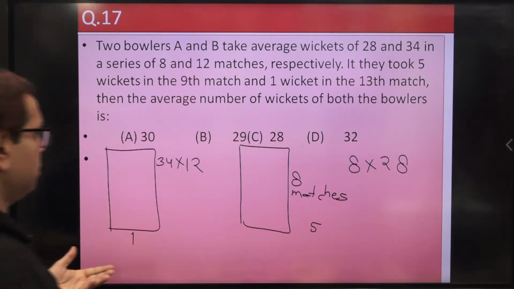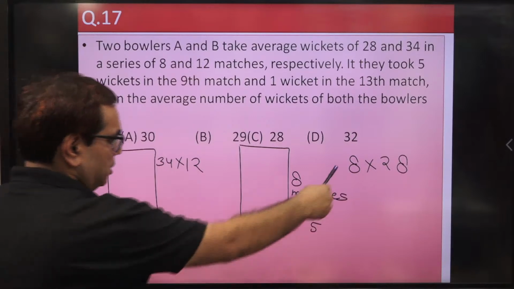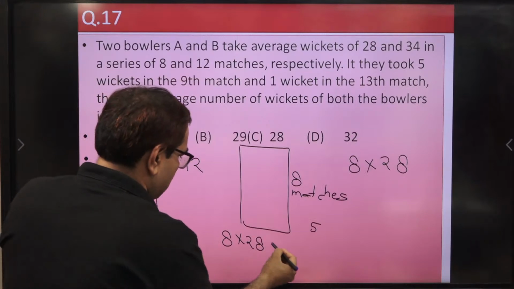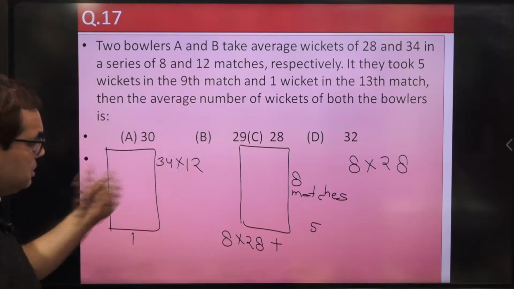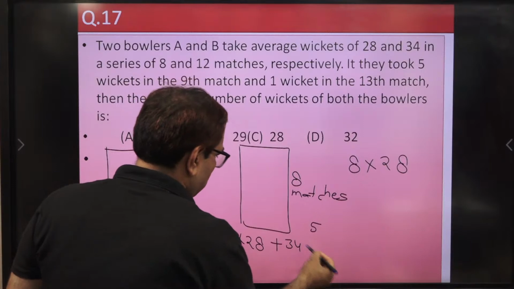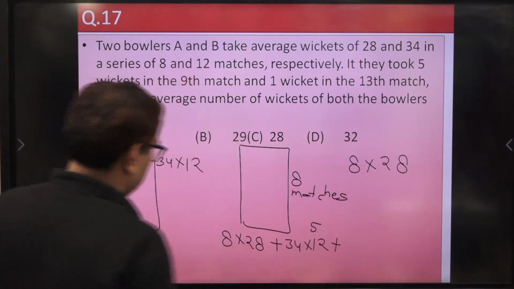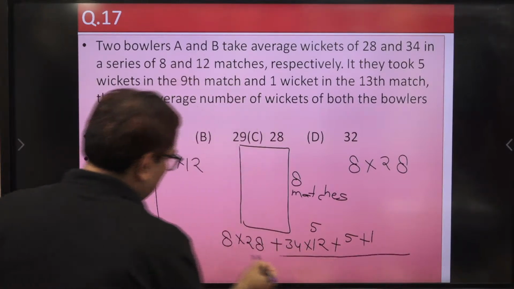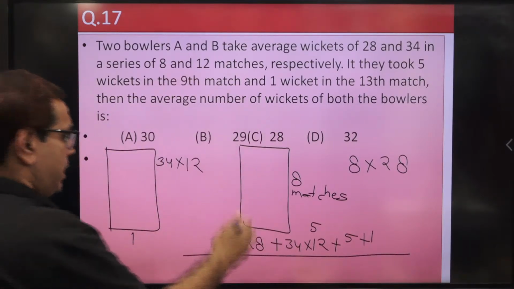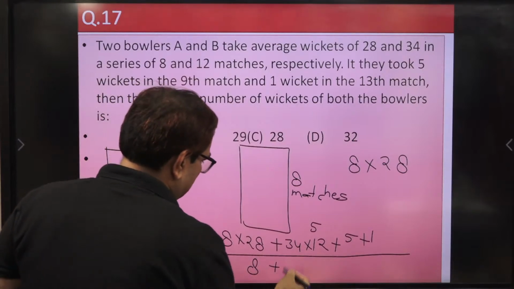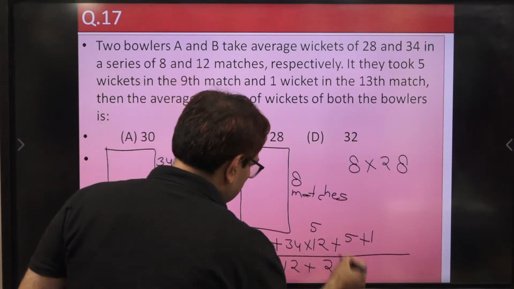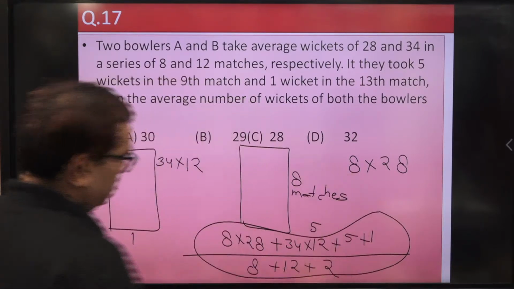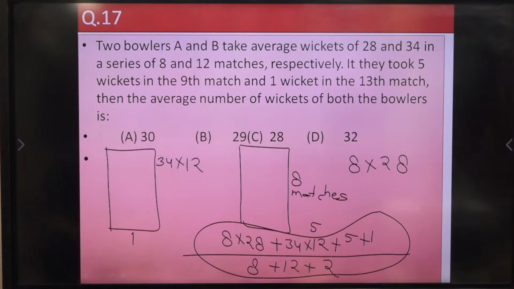So to calculate the average: 8 into 28, plus 34 into 12, plus 5 wickets and then 1 wicket, divided by total number of matches, which is 8 plus 12 and then plus 2 more matches. So this is the average number of wickets of them per match. Please solve this and tell me the right answer.